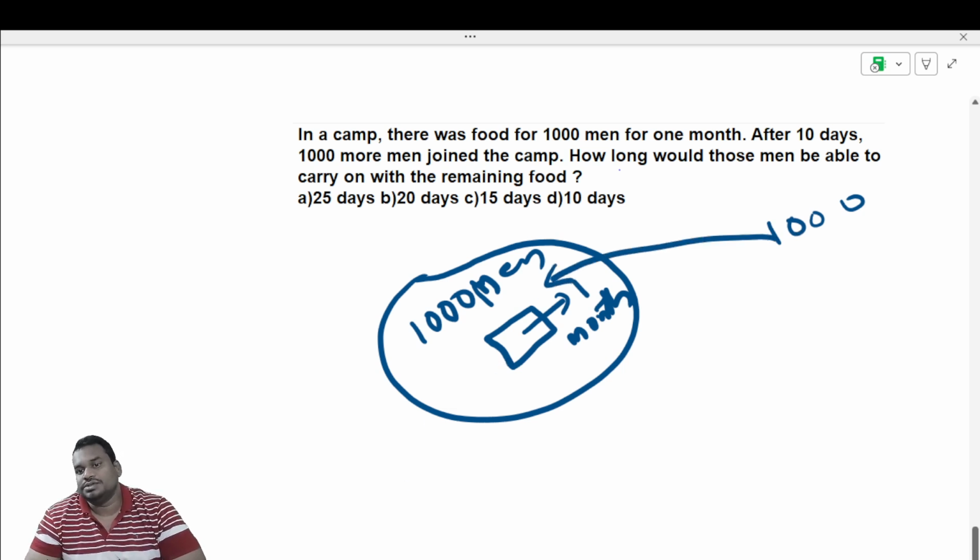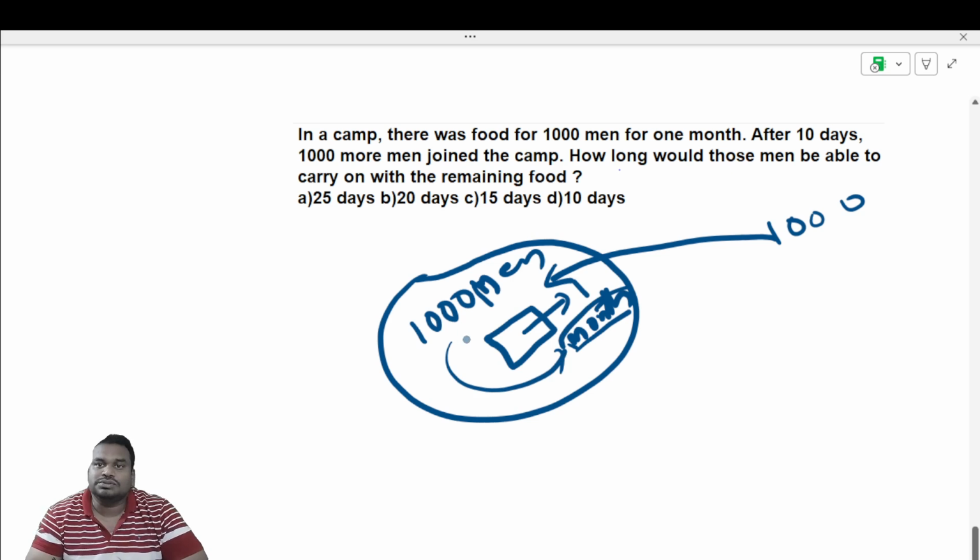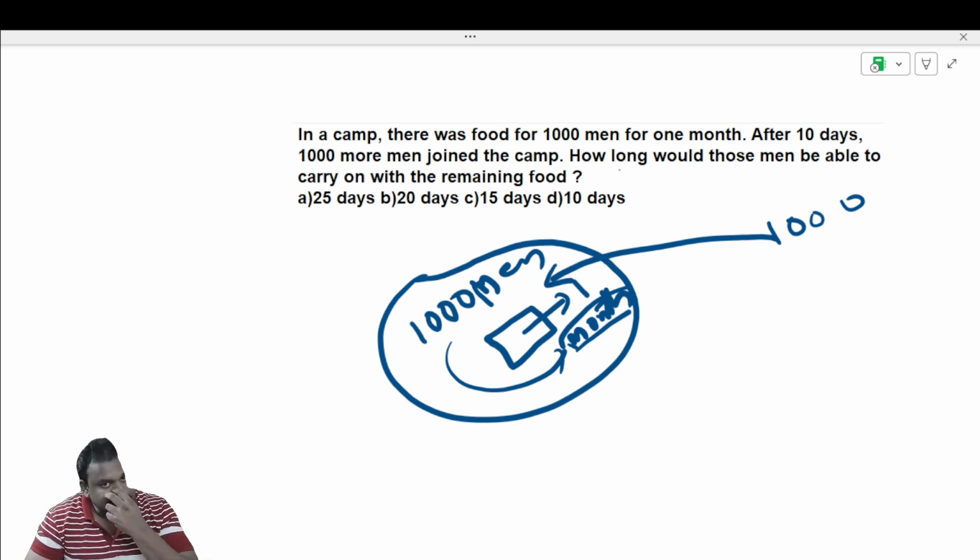So will this food be sufficient for 1 month? Obviously it won't, because when more men are there, they will eat more. These extra men will consume the food which is there here. So it won't be sufficient for 1 month, because when 1,000 were there, it was sufficient. When 2,000 came into picture, then it won't be sufficient. It would be less than 1 month. So how many days they can use that amount of food, that we need to calculate.